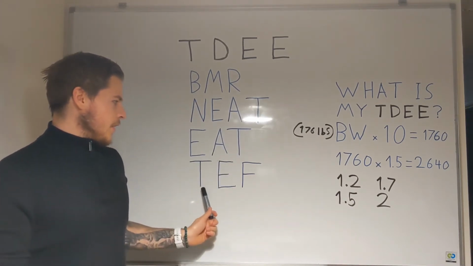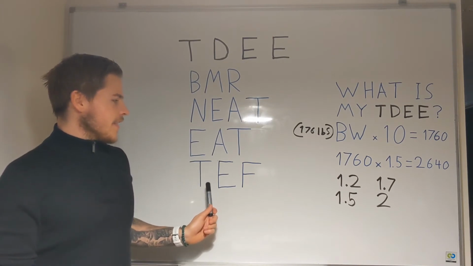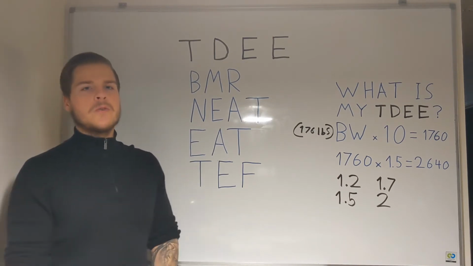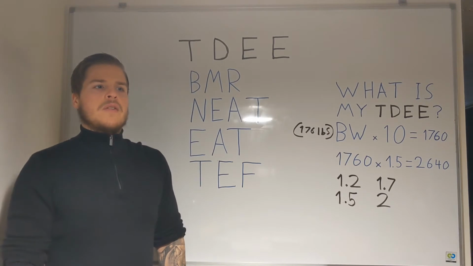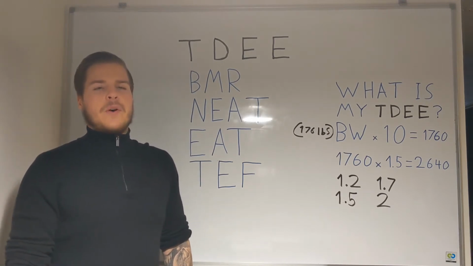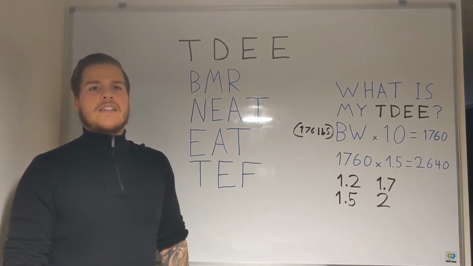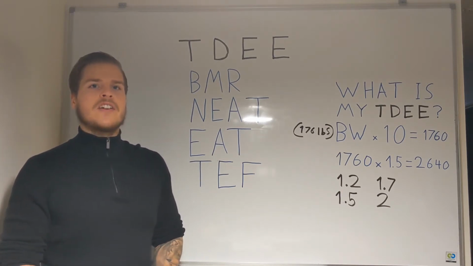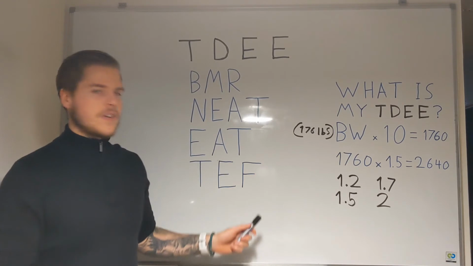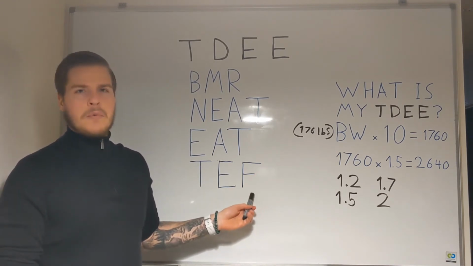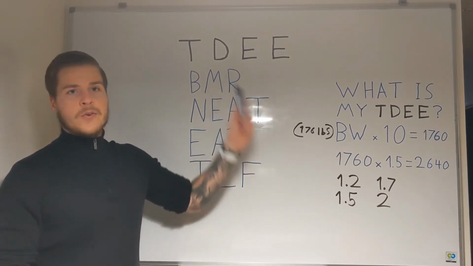The final one is TEF, the thermic effect of food. What that means is that when we're eating something, our body has to digest that food, and it has to extract energy and micronutrients from it. That is usually about 10% of our total TDEE.